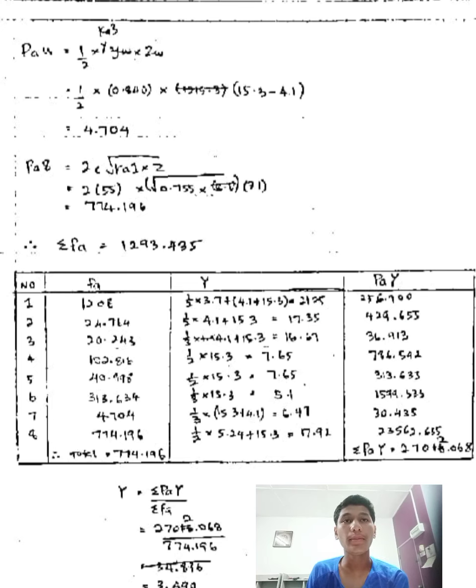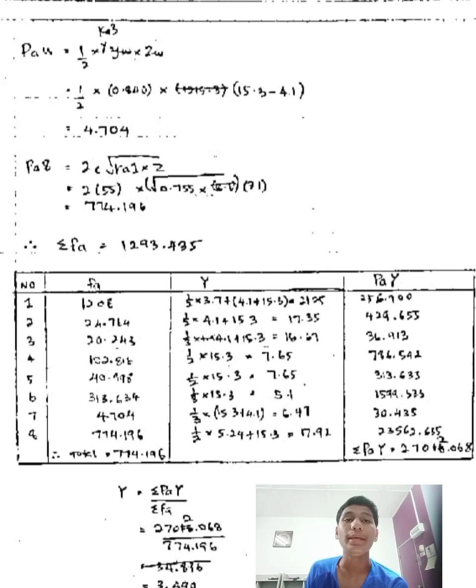For PAW, 1 per 2 times KA3 times ZW, where 1 per 2 times 0.840 times bracket 15.3 minus 4.1, the total is 4.704.